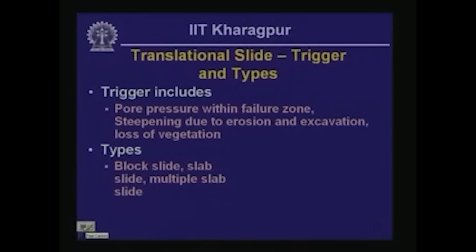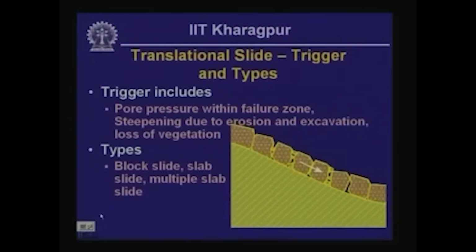What are these? We are going to come to that in the next little bit. This is an illustration, a cross section really, illustrating the process of block sliding. So here what you see is pieces of rock. They are mobilized down slope near the surface, near the slope face.